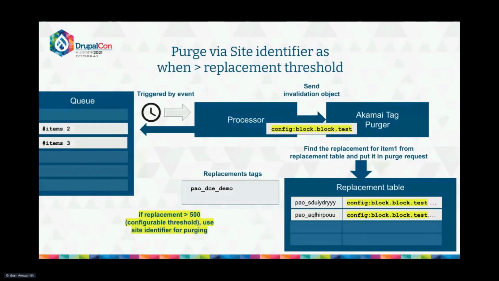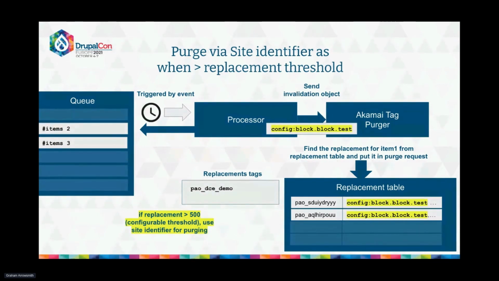The next idea after that was that our replacement table was also putting a lot of data into the queue. So we audited our tables and checked our production data to conclude that the lookup table has so many replacements for the larger sites. We introduced the concept of a replacement threshold, a configurable setting whose default value is 500.